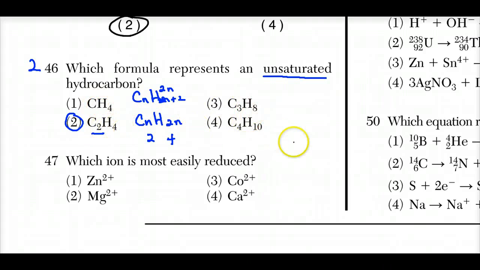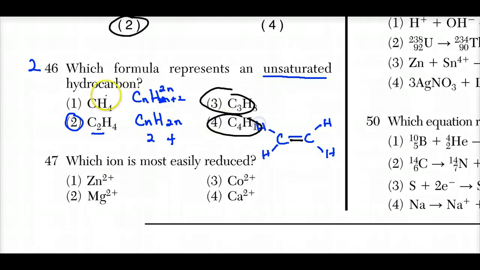Look at C2H4. If you have 2 carbons and you put 2 H's next to that carbon, hydrogen only bonds to carbon as a single bond, and put 1 bond, you see that carbon only makes 3 bonds. You need a second bond, which makes it unsaturated because it can't hold on to more H's. These guys are all saturated. These are alkanes. Choice 2 is your answer.